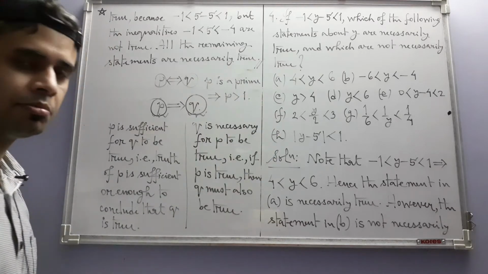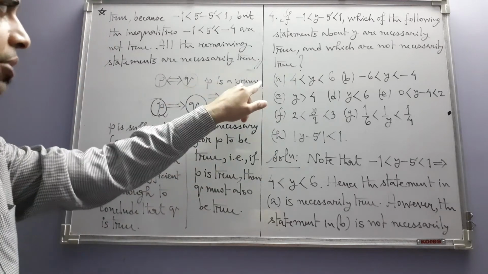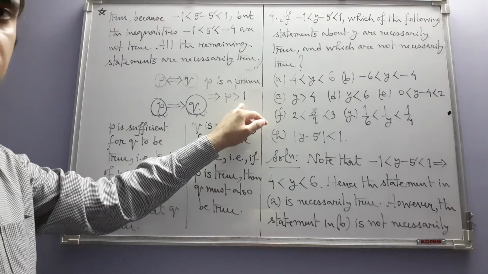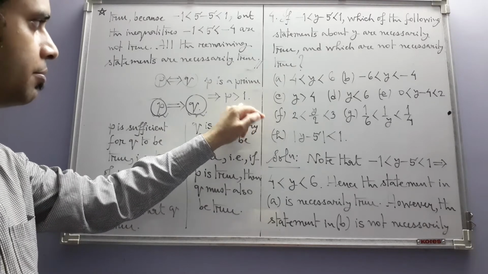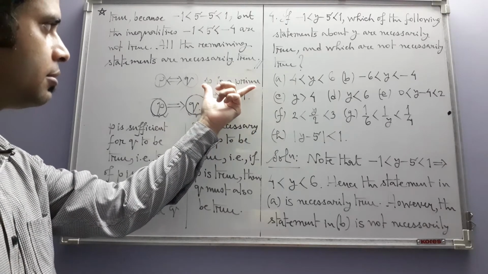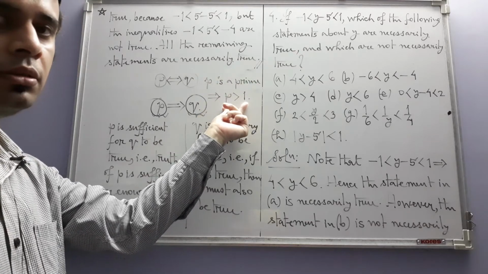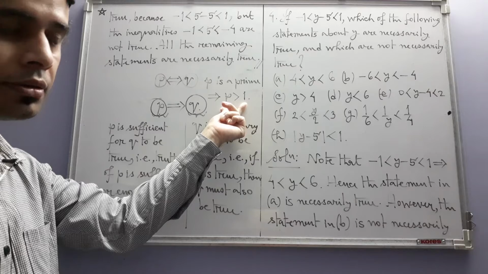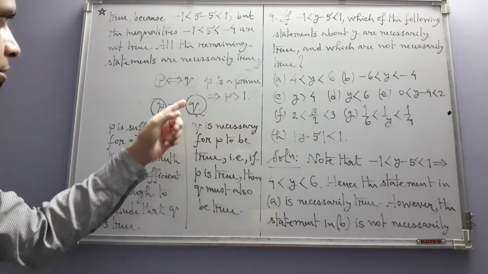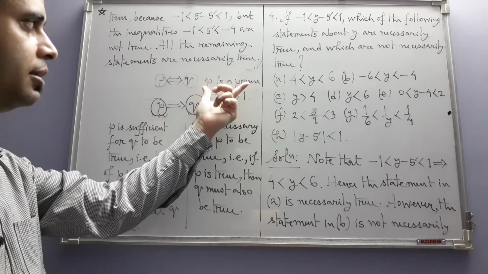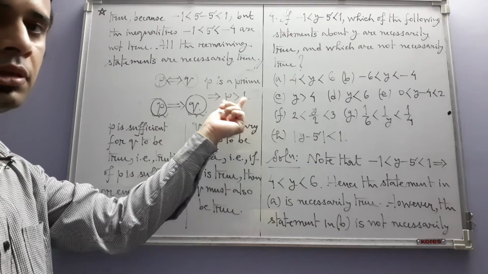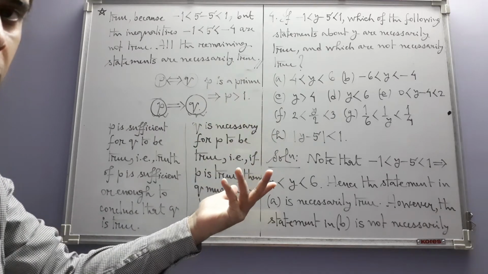This is a true implication. If P is prime, then P has to be greater than 1. That means if P is prime, it's necessary for P to be greater than 1, and the primality of P is sufficient to tell us that P is greater than 1.